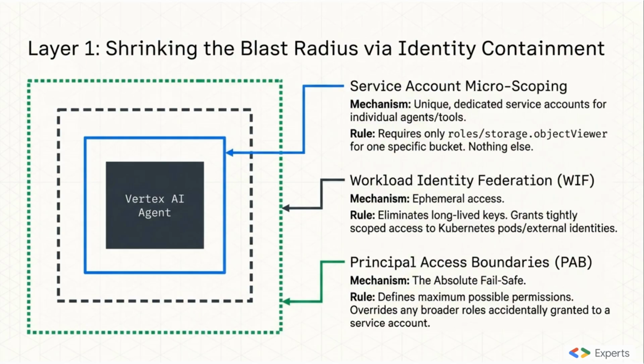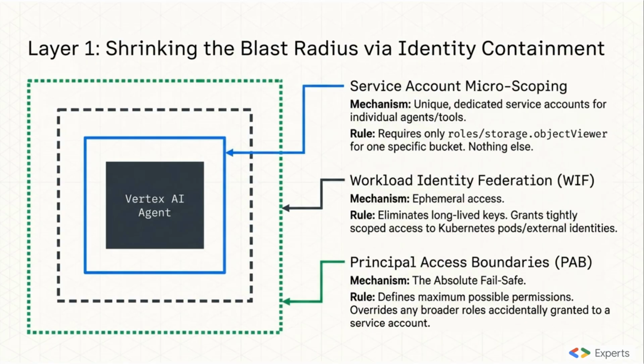The first security layer focuses on identity. Every AI agent should operate using its own dedicated service account. Avoid sharing identities across multiple agents. Next, use workload identity federation instead of long-lived service account keys. This eliminates static credentials entirely.